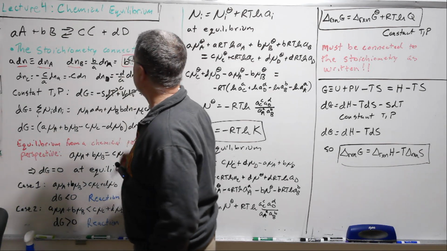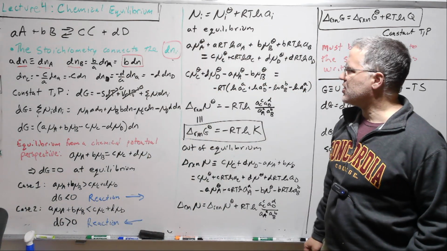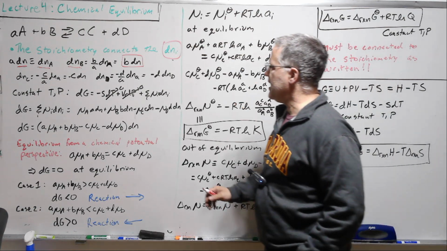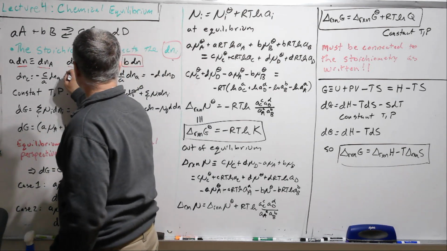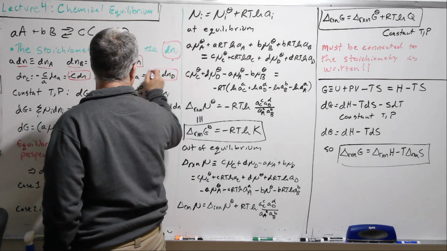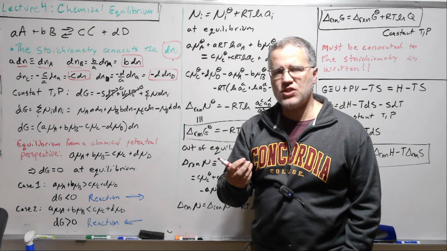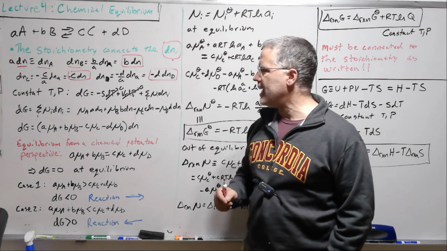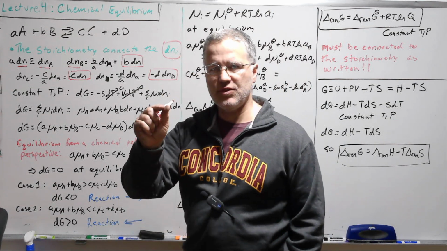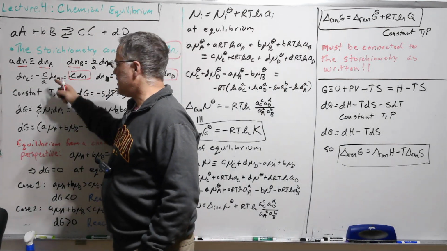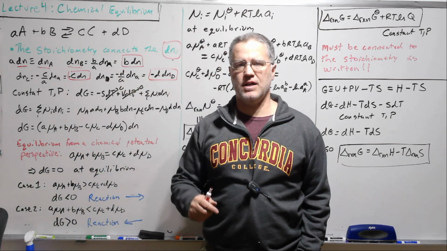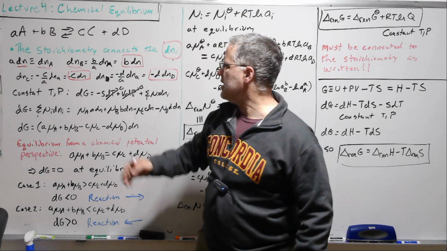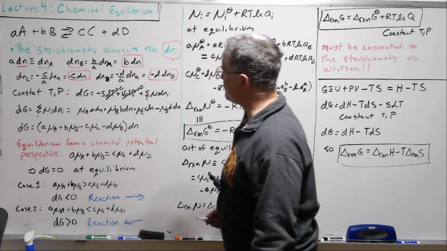So dN_B is just going to be little b dN, and likewise for C and for D. We're pulling these stoichiometric factors explicitly into the dN, the dN being not any one particular species, but the single connected variable given to us by the reaction.